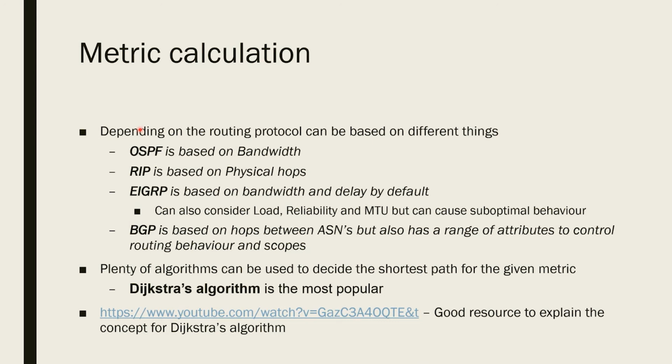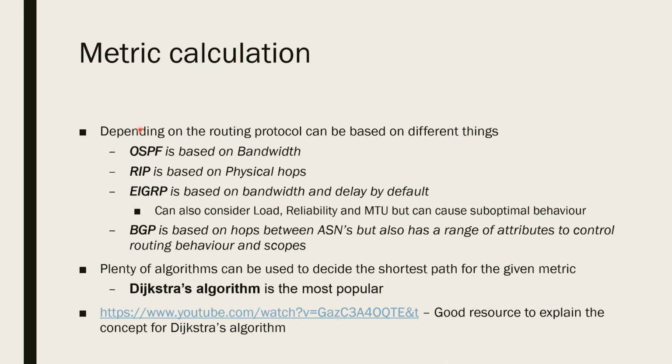So you can consider load or utilization of a link, you can consider reliability, and you can consider MTU, maximum transmission unit. And all of those different values, including bandwidth and delay, can be tweaked to have a higher preference in the metric calculation. So if you want reliability to be more important in the metric calculation than bandwidth, for example, then you can tweak the calculation in the back end to say, consider reliability a lot more than bandwidth. So that's EIGRP.